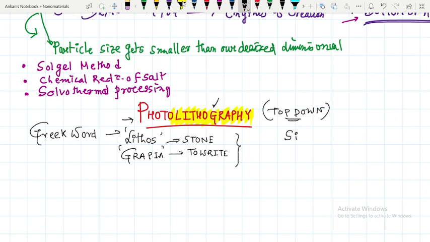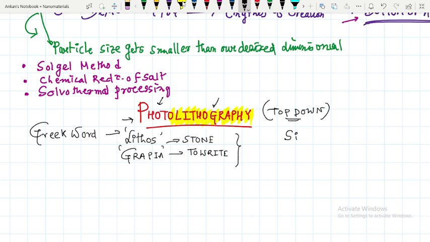The way of writing can be classified in three ways. Either it can employ optical or UV light radiation, which is what the word photolithography stands for. The next is X-ray lithography, where we can write the desired pattern with the help of X-rays, where the X-ray beam is used to write over the silicon wafer.